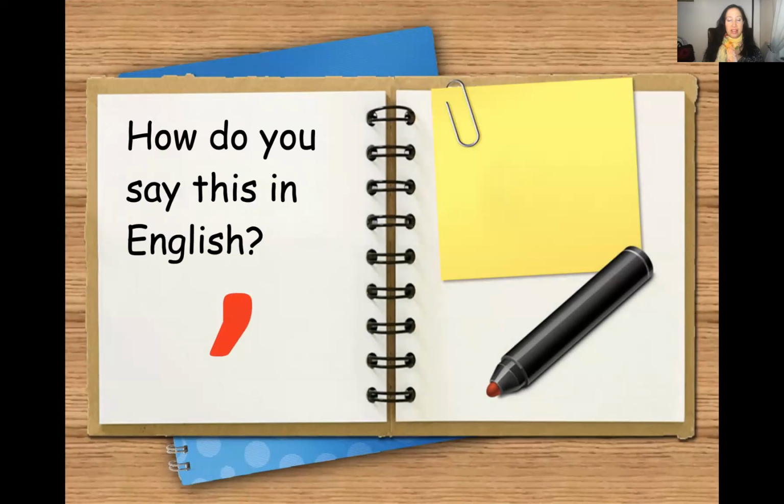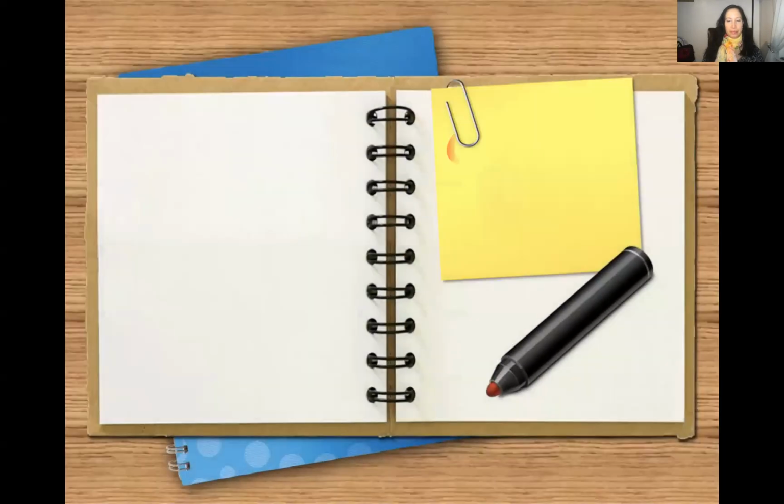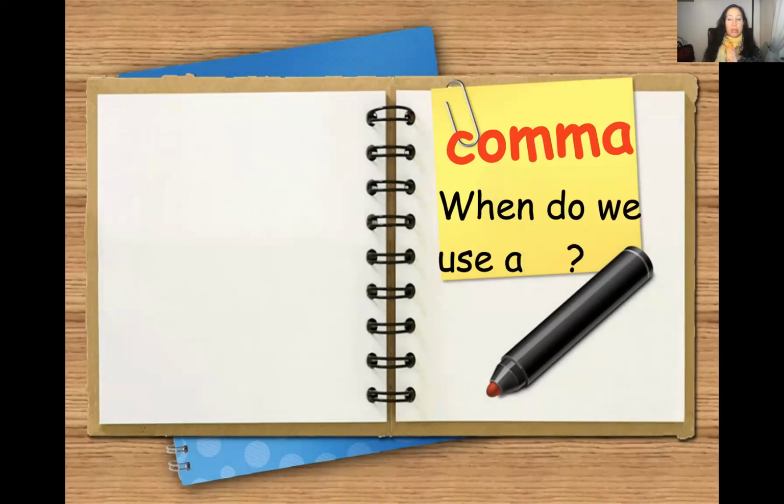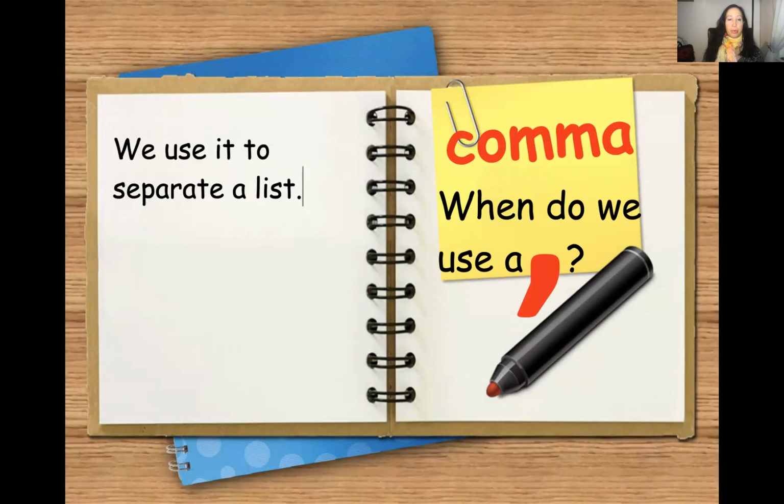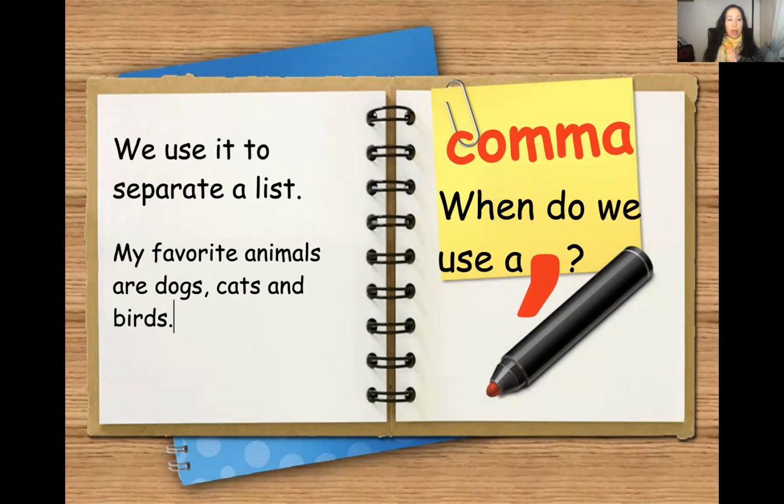How do you say this in English? Comma. When do we use a comma? We use it to separate a list. For example, my favorite animals are dogs, cats, and birds.